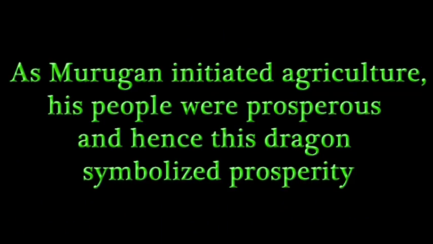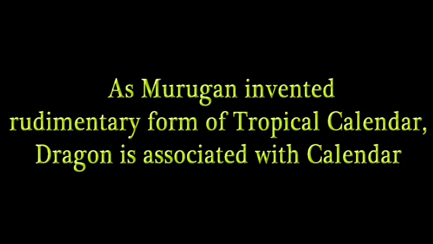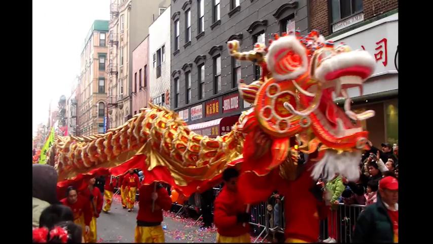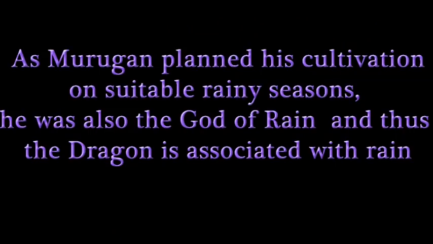As Murugan initiated agriculture, his people were prosperous, and hence this dragon symbolized prosperity. As Murugan invented a rudimentary form of the tropical calendar, the dragon is associated with the calendar, and this is remembered by the dragon dance all over China on New Year Eve. As Murugan planned his cultivation on suitable rainy seasons, he was also the god of rain, and thus the dragon is associated with rain.